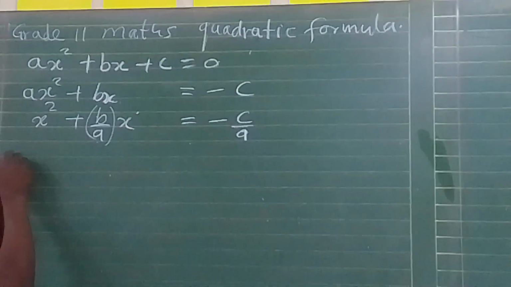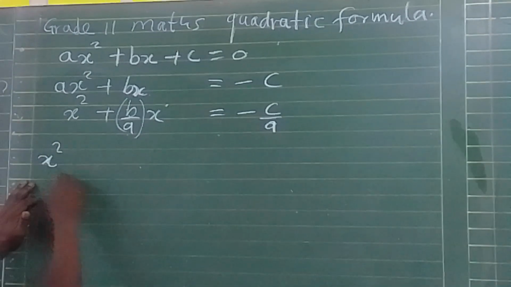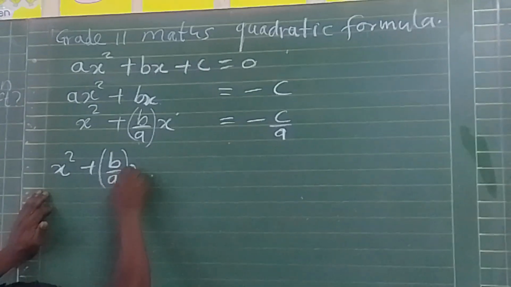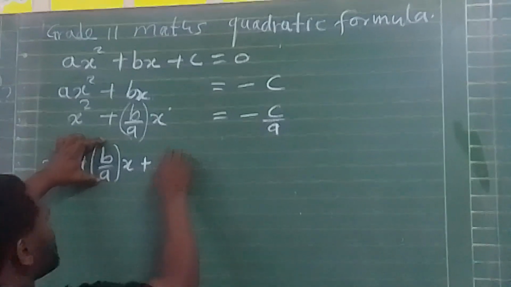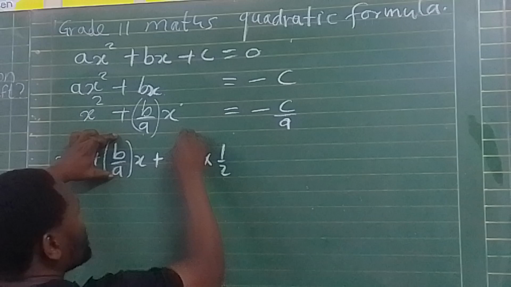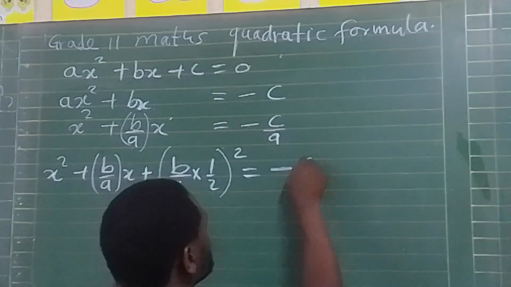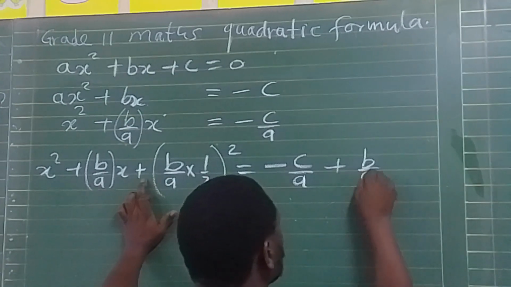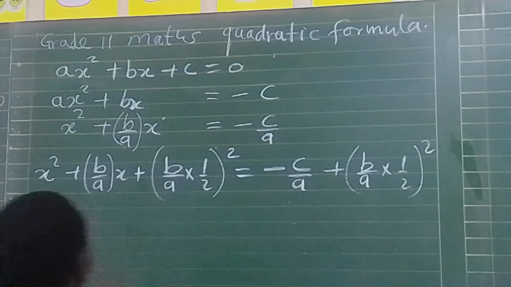So it's x squared plus b over a x, then plus, you take the coefficient of x, which is b over a, you multiply it by half, then you square it. What you do on the left hand side, you must also do on the right hand side: plus b over a multiplied by half, all squared.